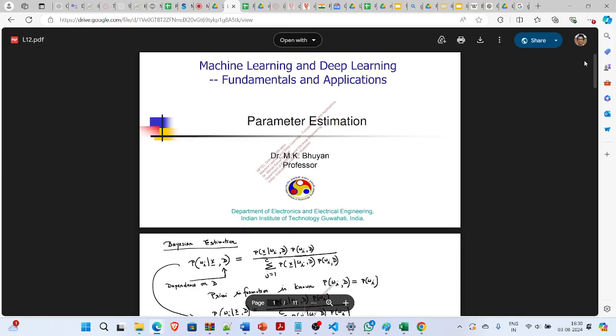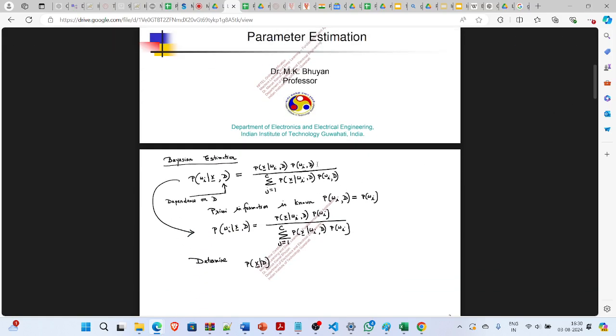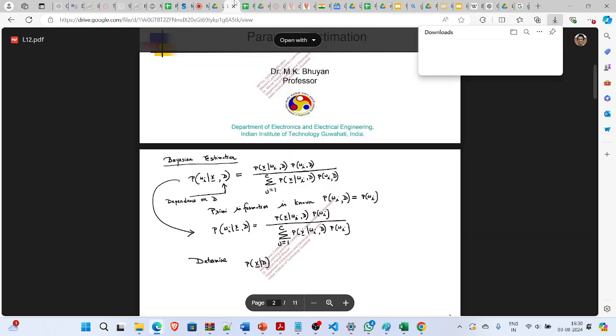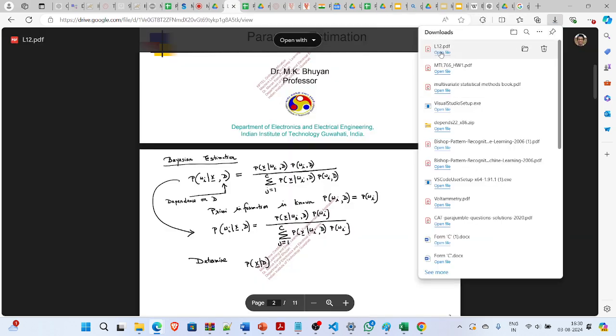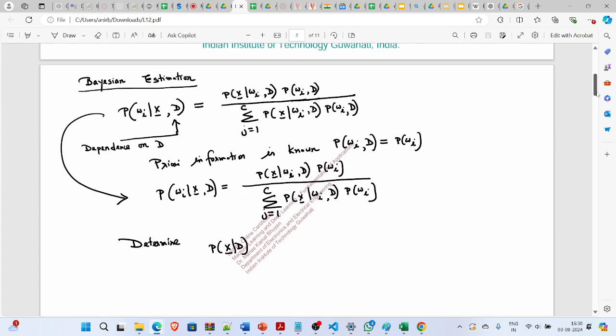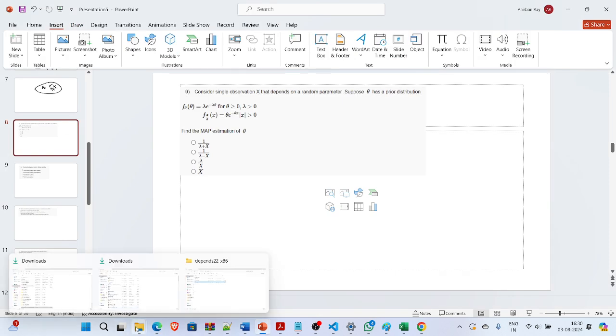Let's see. Okay, so this is the one. Okay, so this is called the... not going to be able to use. Let's download. Okay, so let's see. Not able to use.